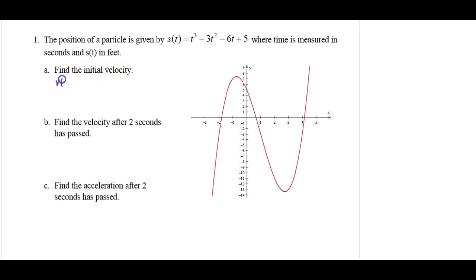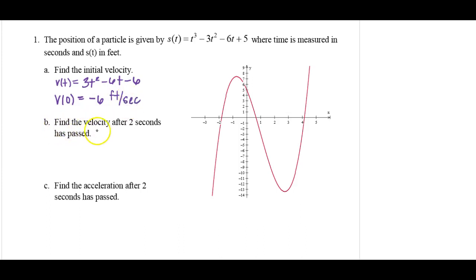So first we need the velocity function, so we're going to need to take the derivative of position. So v of t is 3t squared minus 6t minus 6 using the power rule. So the initial velocity v of 0, if I substitute 0 into each of these t's, the only thing left over is going to be negative 6. And it's important I include units, so feet per second.